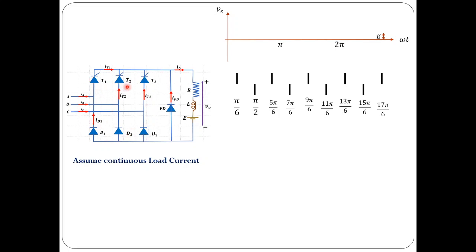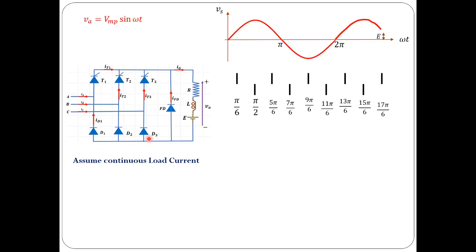T1, T2, T3 are connected in common cathode configuration, whereas diodes D1, D2, D3 are connected in common anode configuration. The top thyristors T1, T2 and T3 belong to the positive group, and D1, D2 and D3 belong to the negative group.